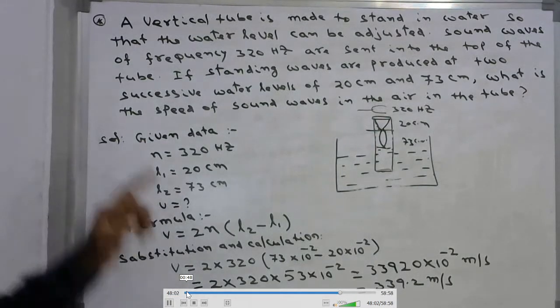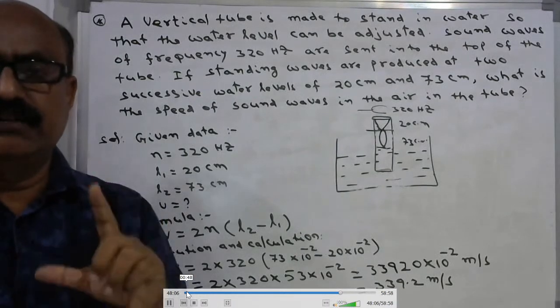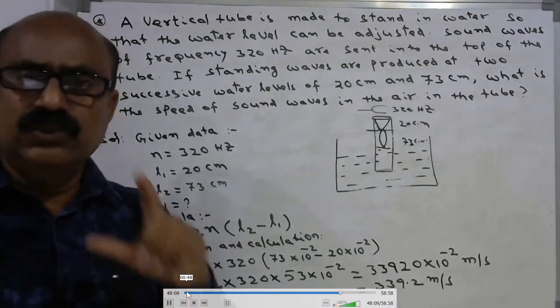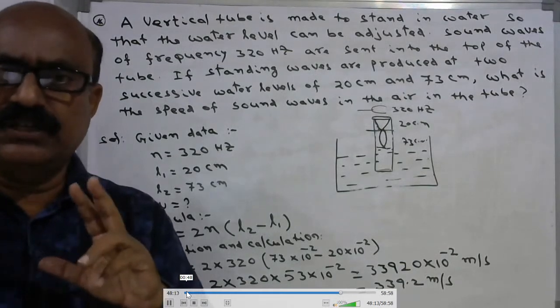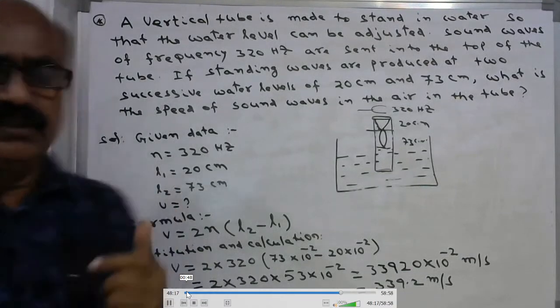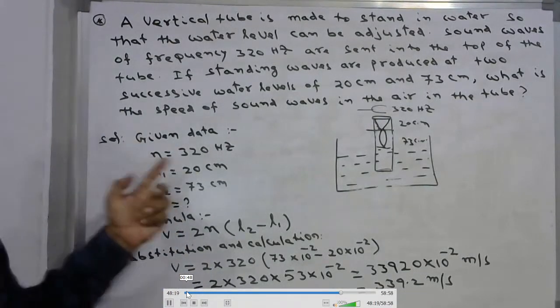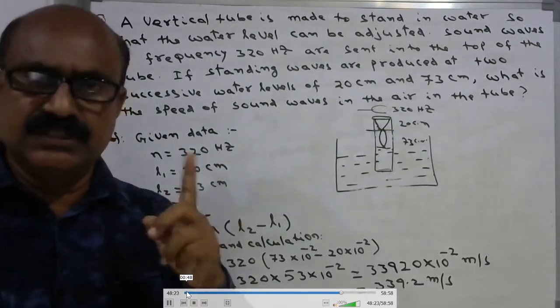While solving the problem, we first have to see what data is given and what units are given. This is most important. We always have to convert the units into the SI system. The given data: the frequency of the tuning fork is 320 Hz, which is an SI unit.